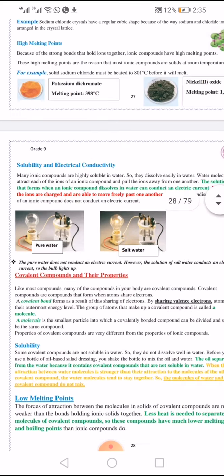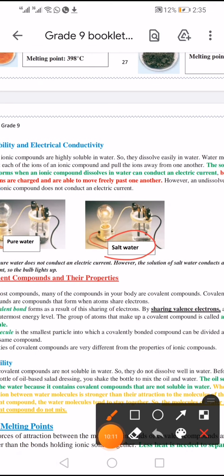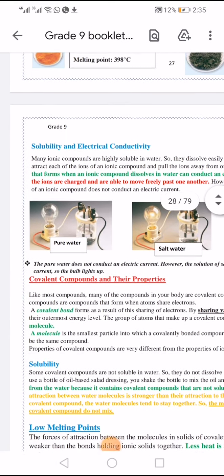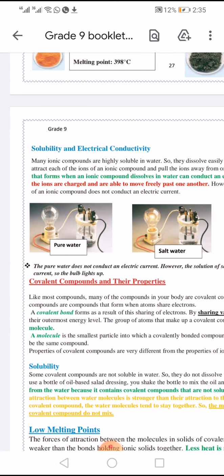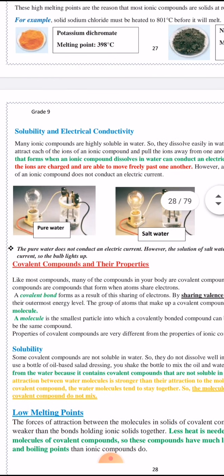Pure water, this is pure water, cannot conduct electricity, while salt water with table salt conducts electricity. So pure water does not conduct an electric current. However, the solution of salt water with table salt conducts an electric current.